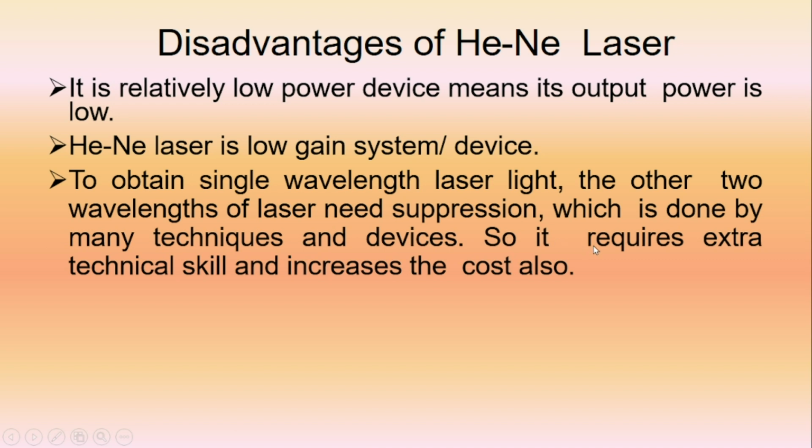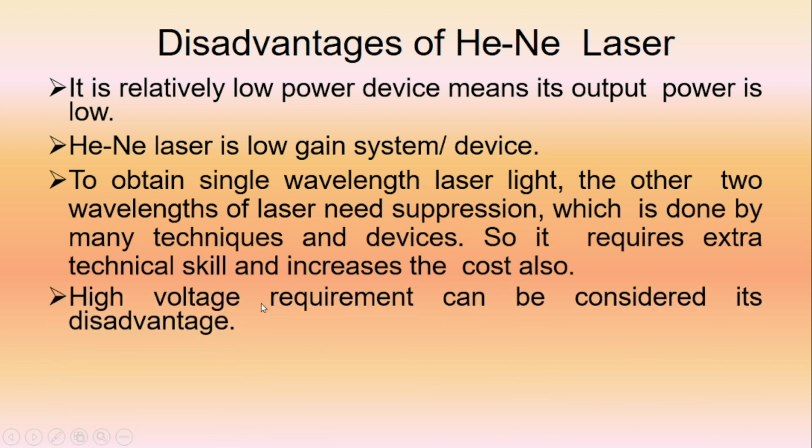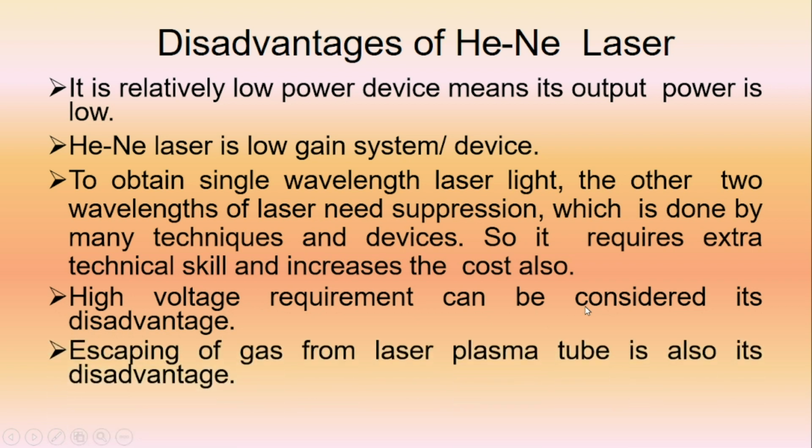So it requires extra technical skill and increases the cost also. High voltage requirement can be considered its disadvantage, and escaping of gas from the laser plasma tube is also its disadvantage. So these are some disadvantages of helium neon laser.